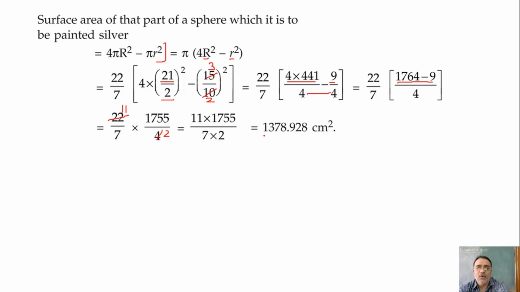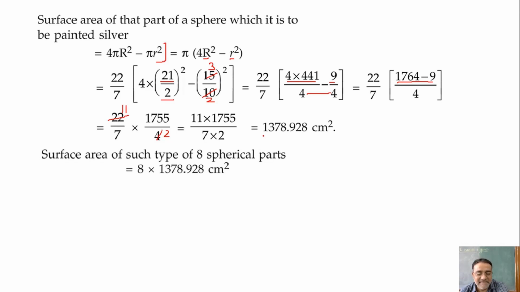Yes, sir. Okay, this much area to be painted silver. How many spheres are there? 8. So we have to multiply with 8. This is clear? Yes. Multiply with 8, you will get 11,031.424 centimeter square.